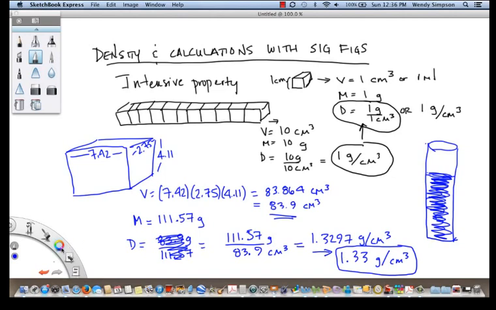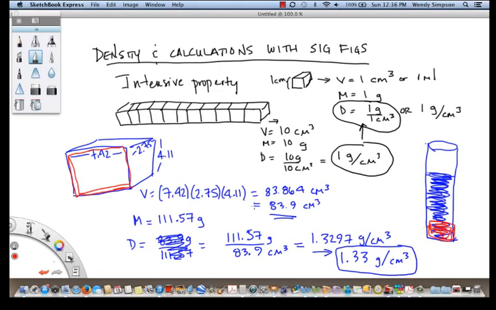And suppose that this cube here, I'm going to make red. So the red cube, if we put it in the graduated cylinder, what would happen to it? We have to compare its density to the density of water, and the density of water is exactly 1.0 grams per centimeter cubed at room temperature. Its density is 1.33 grams per centimeter cubed. So my red substance would sink to the bottom.